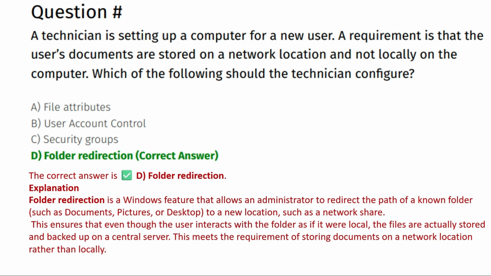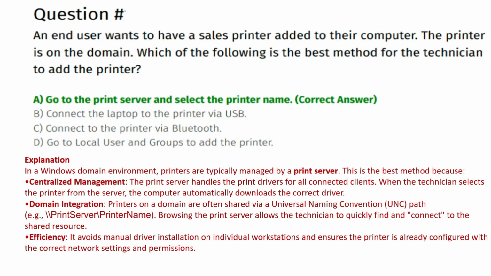This ensures that even though the user interacts with the folders as if they were local, the files are actually stored and backed up on a central server. This meets the requirement of storing documents on a network location rather than locally. So that's why the correct answer for this question is option D, folder redirection. So let's move to the next question.